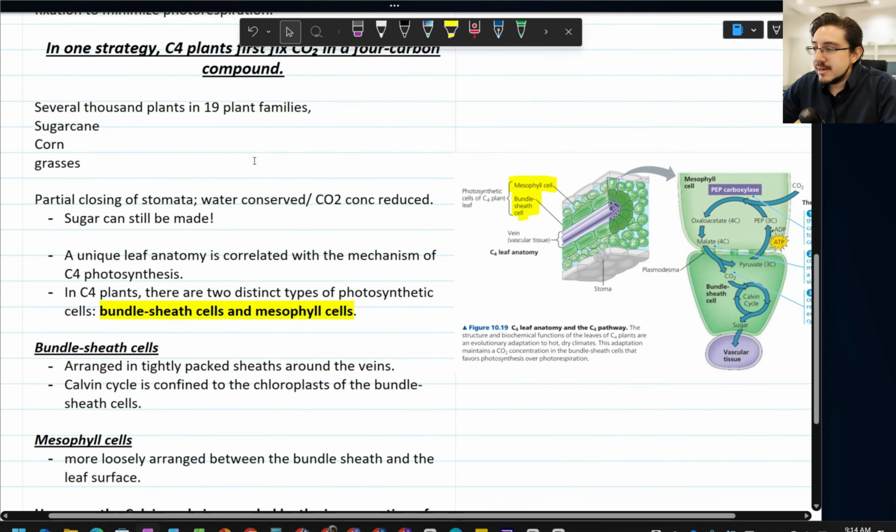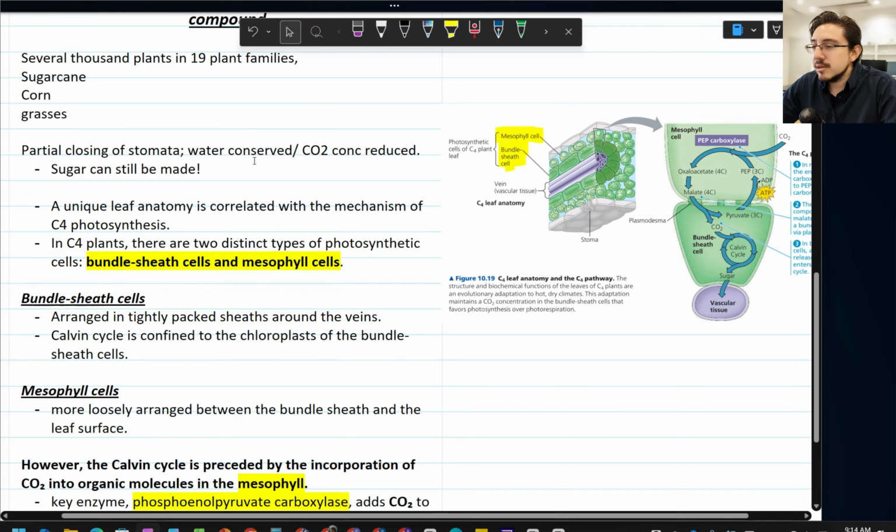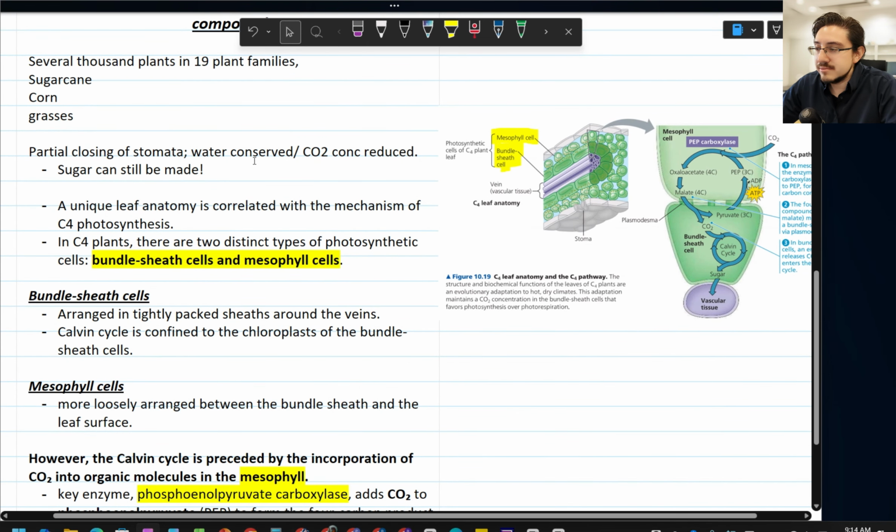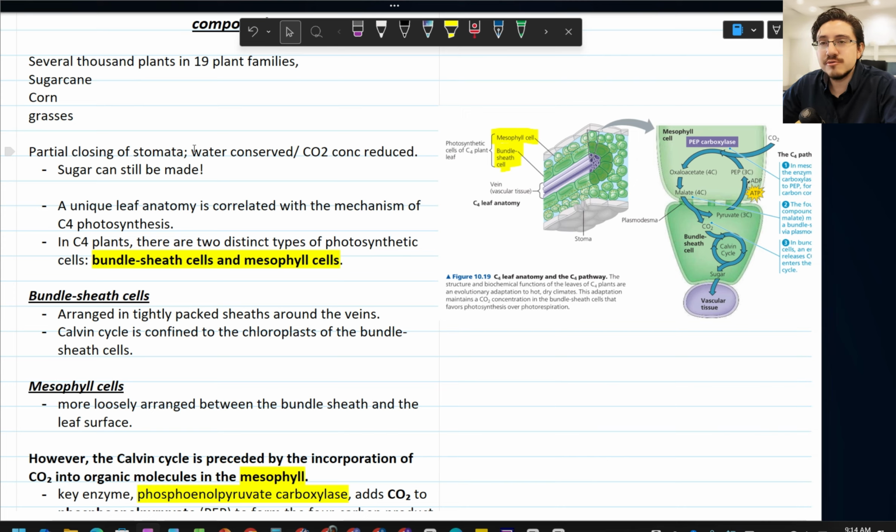Again, let's take a look at the stomata. We're going to talk a little bit more about the leaf and some of its structures here. So, partial closing of stomata. In these plants, the stomata get partially closed, so water can get conserved. You don't want to waste water, especially in places that are very arid, or it's just very dry, or there's a little amount of water in the area.